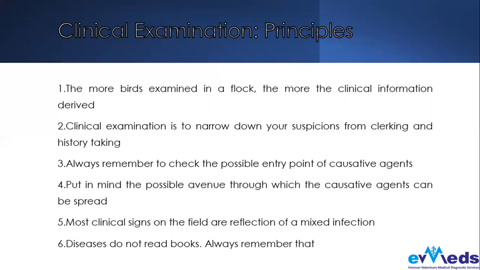That's why when you hear that diseases do not read books, it means they don't follow the pattern of what you have been taught in school. It may be different because they are in a different environment. It may be different because they have been vaccinated. It may be different because they used excess drugs. It may be different because there is aflatoxin inside the feed. What you are going to be seeing may be quite different from what you have always been reading in the books.